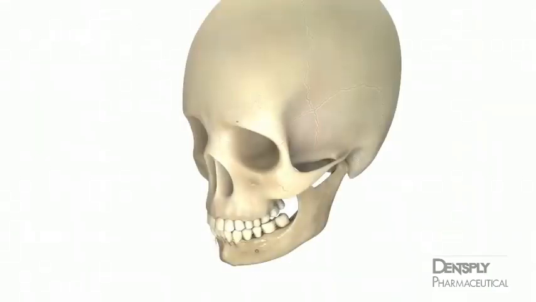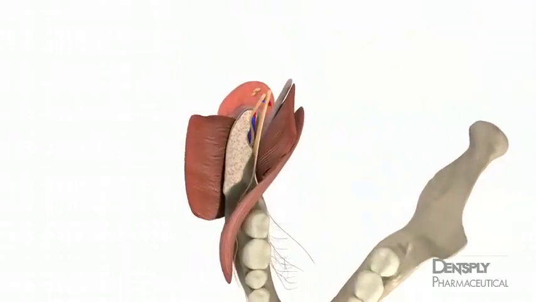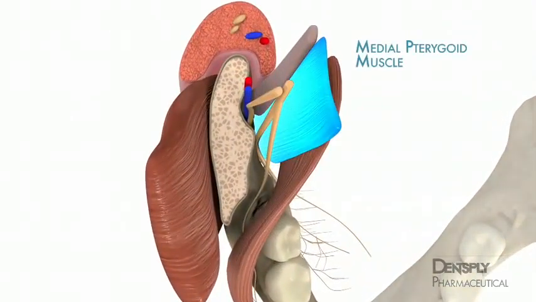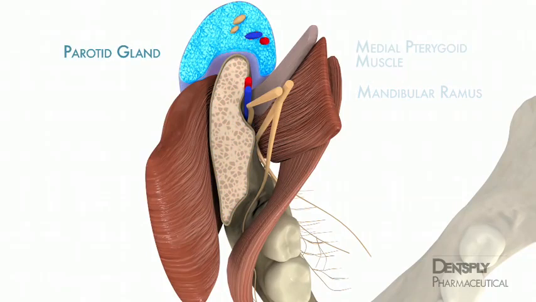The pterygomandibular space, as seen in this transverse section across the ramus of the mandible, is bounded medially by the medial pterygoid muscle, laterally by the mandibular ramus, posteriorly by the parotid gland, and anteriorly by the oral mucosa, submucosal connective tissue, and buccinator muscle.